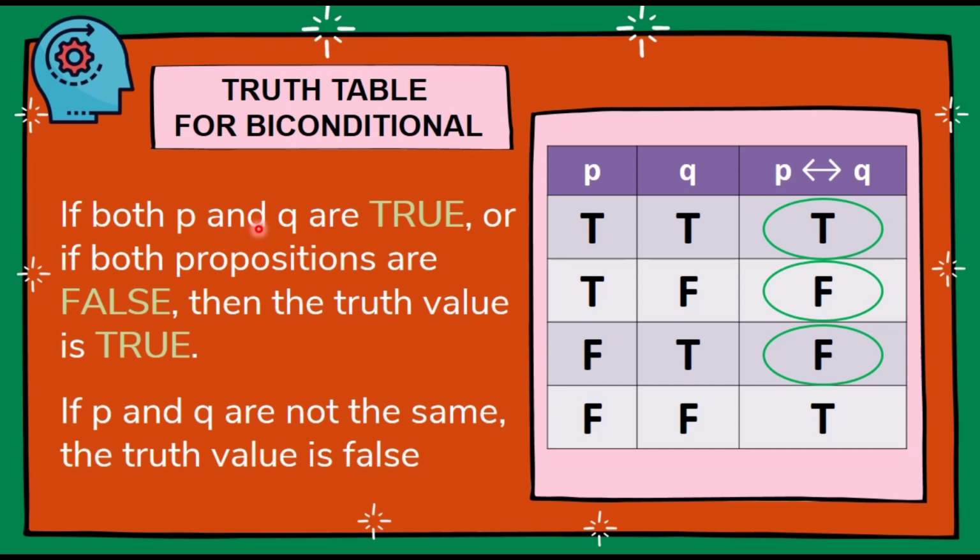If both P and Q are false, then the truth value is true. So, false and false is true. So, meaning to say, the truth table for biconditional, P if and only if Q, is true, false, false, and true.